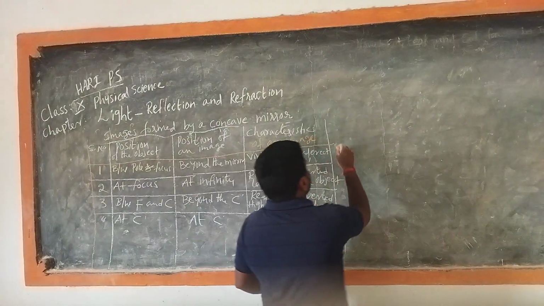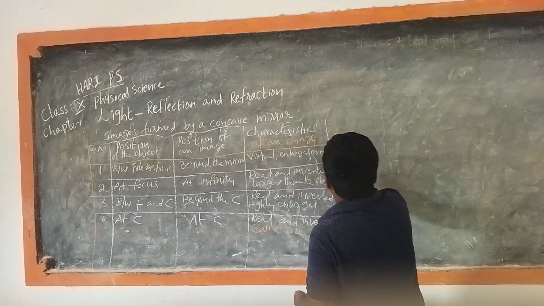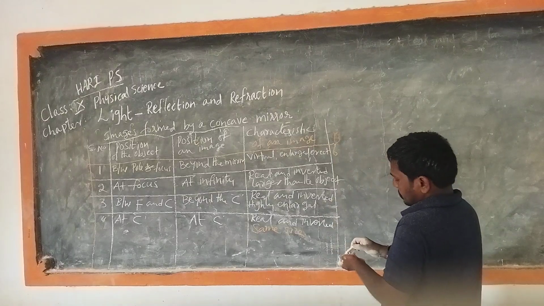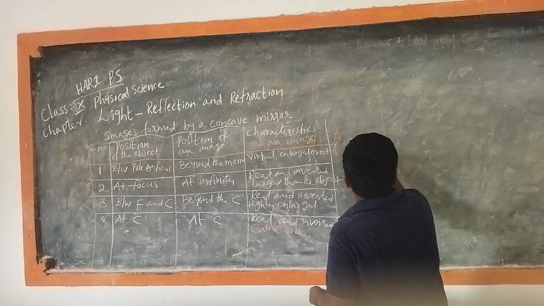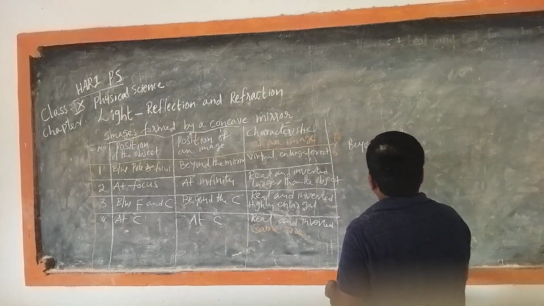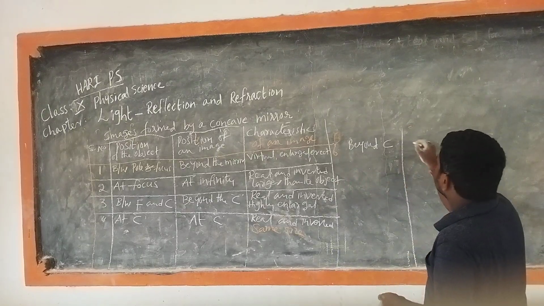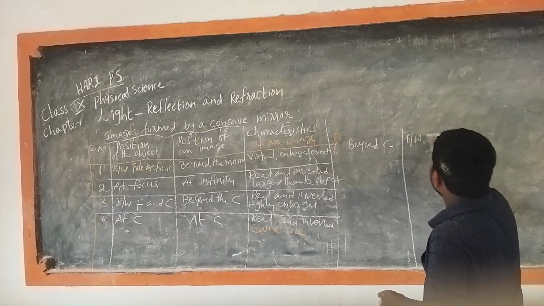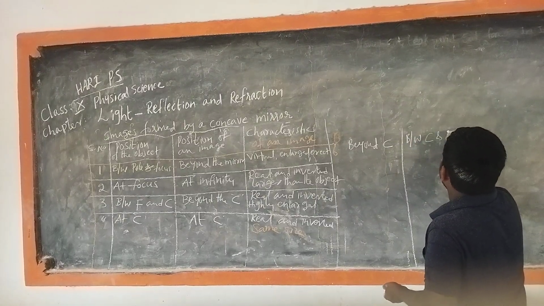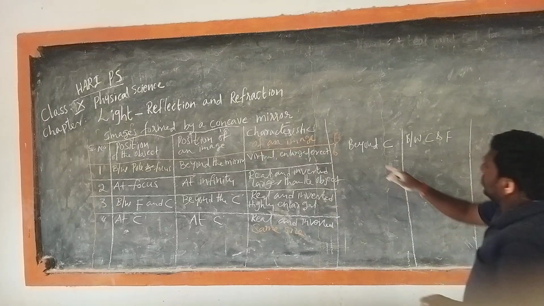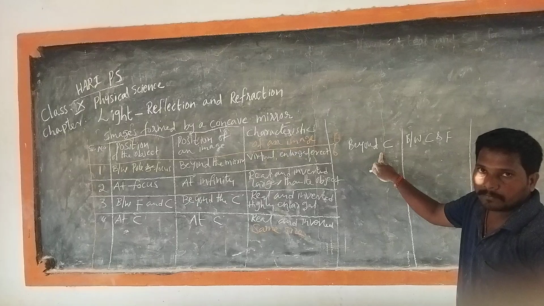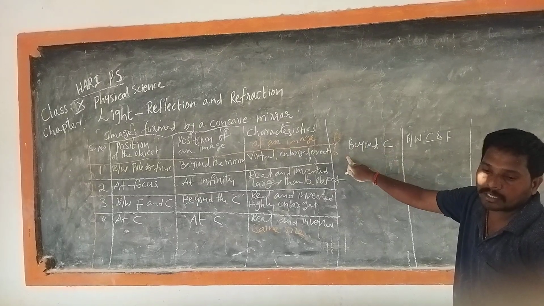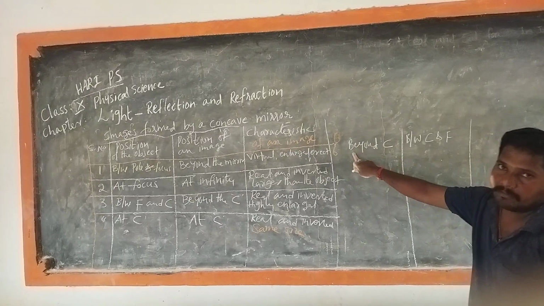Then the sixth one, you have to place the object behind C, behind the center of curvature.